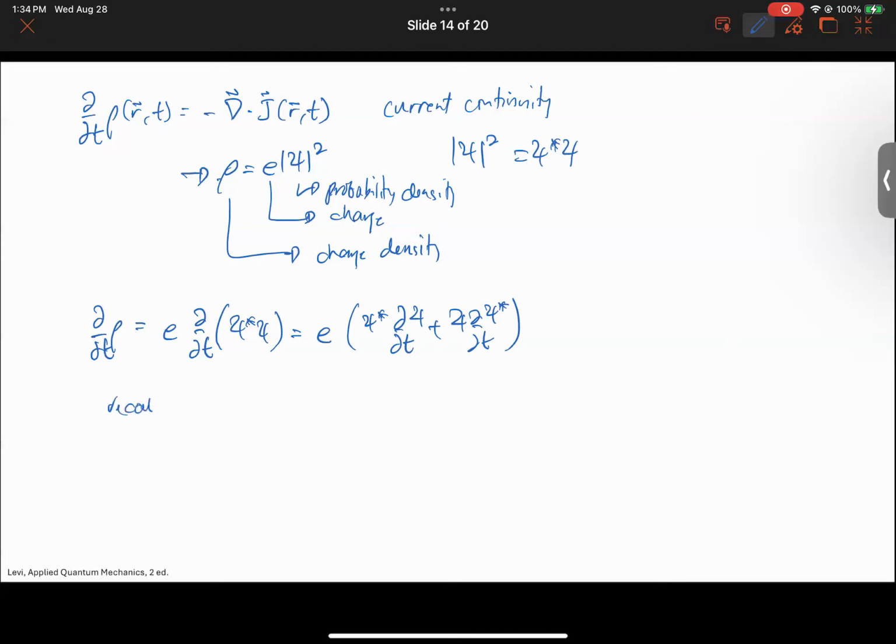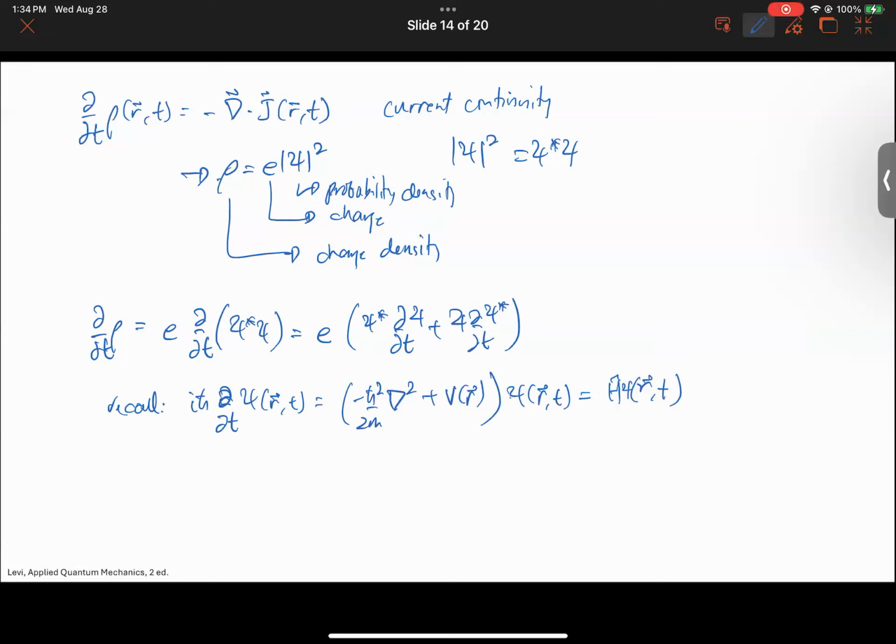Recall na yung Schrödinger equation natin is written as i h bar partial with respect to t ng psi of r,t equal to negative h bar squared over 2m del squared plus V of r, psi of r,t, which is equal to H psi of r,t.